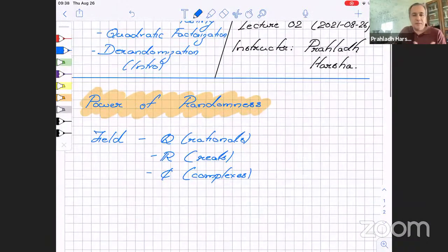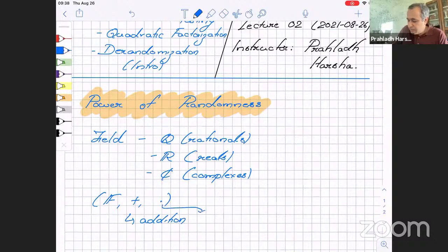In what sense are they a field? Usually we'll use the letter F to denote a field. It comes equipped with 2 operations. One is the addition operation. The other is the multiplication operation.